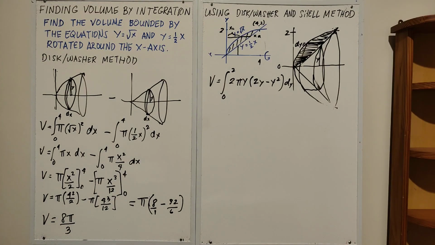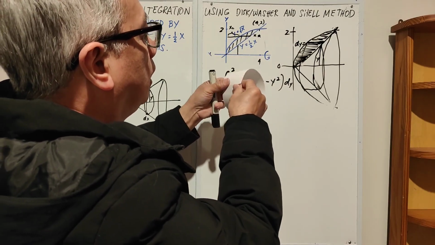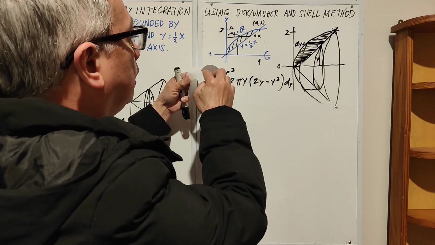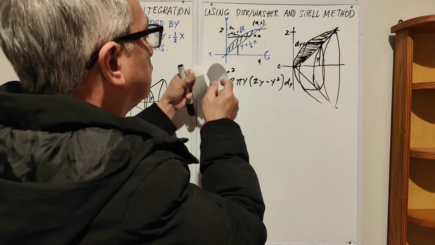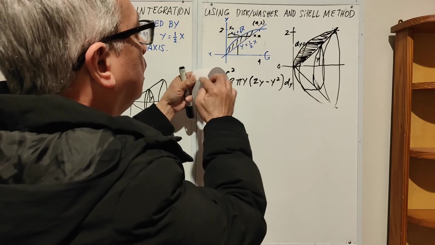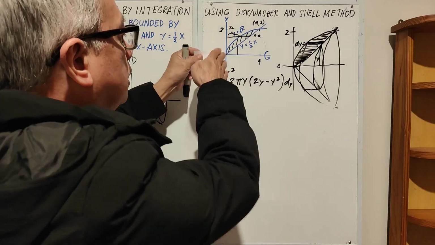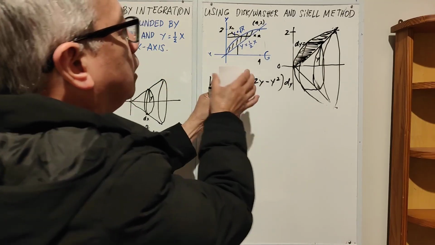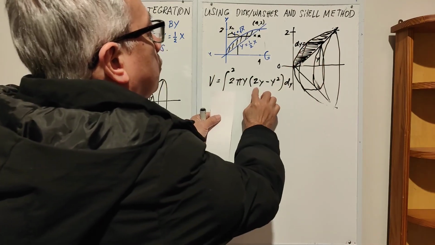So basically this is your shell. So if we spread it out, this length is the circumference, 2 pi y. We multiply it by the thickness, 2y minus y squared.